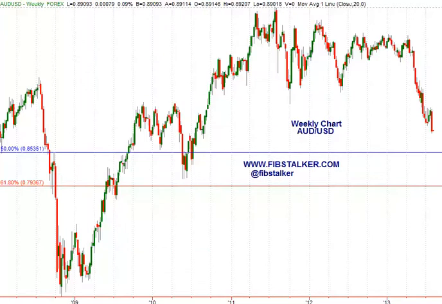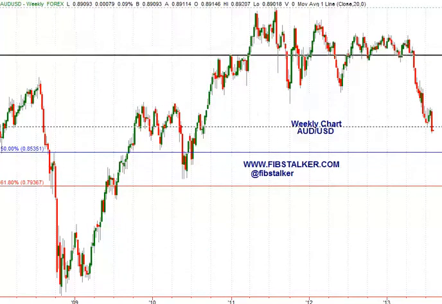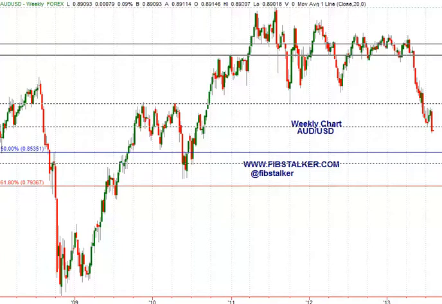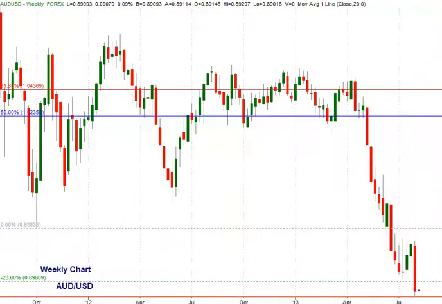It's also important to notice that there is a short measure move that is pushing this pair down, and as I observed a couple of weeks ago, this busted measure move had a target right in this 0.8985, and after that we saw some profit taking.